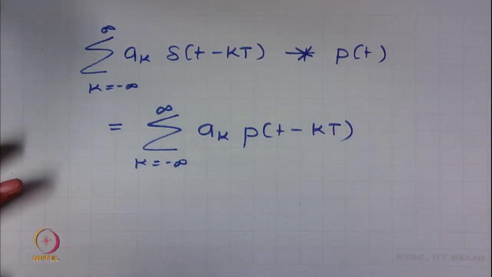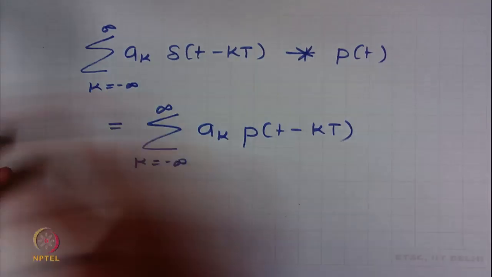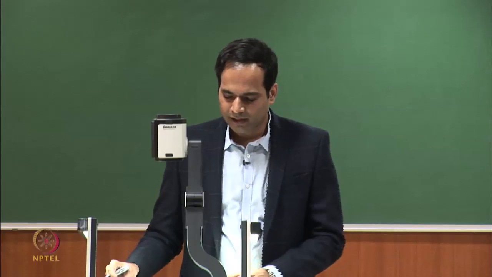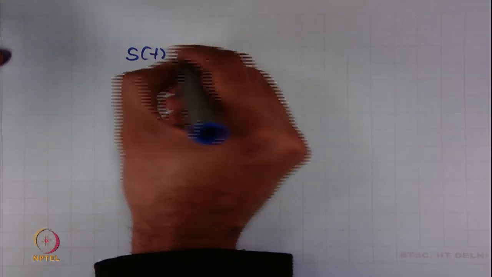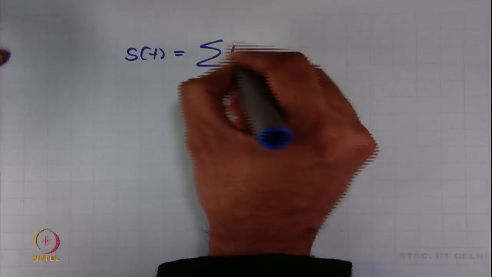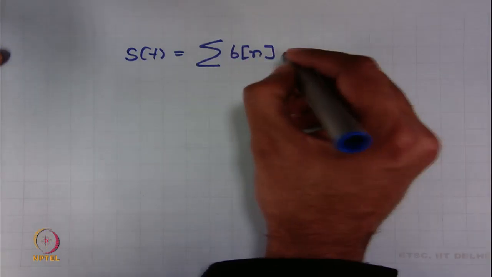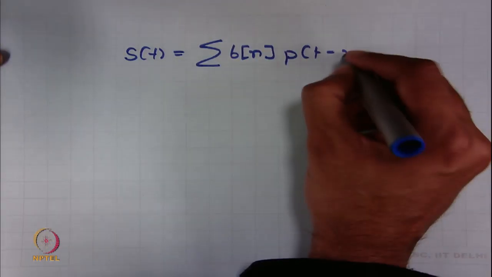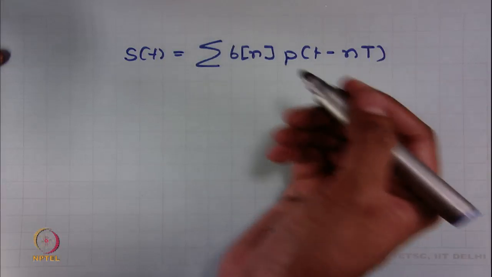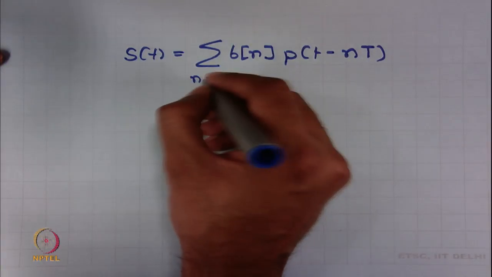As I have said, these are typical steps that happen at the modulator. Not all modulators can be described using these simple steps. So, now let us go back to the equation that I have written: s(t) is summation b_n p(t - nT), either you use n or k, it does not matter, going from minus infinity to plus infinity.